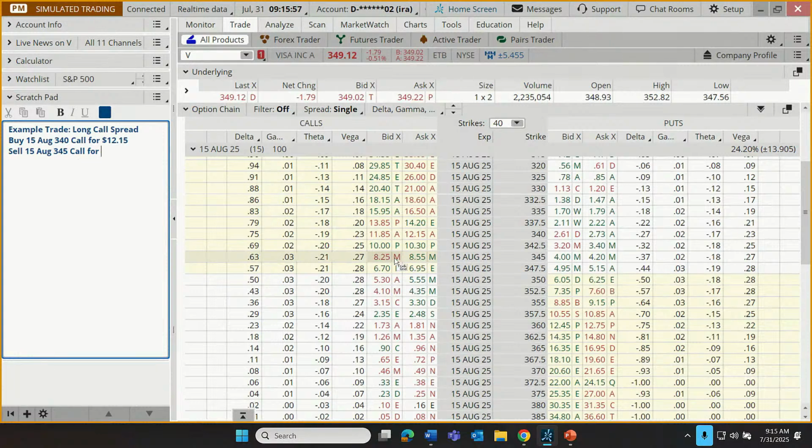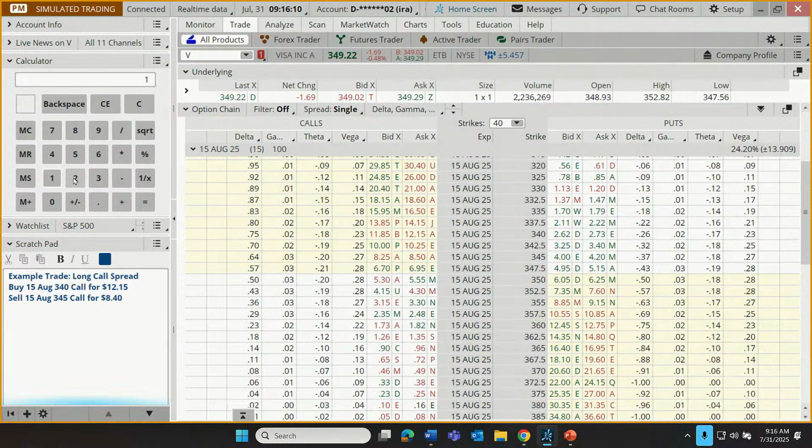Let's call it $8.40. So net, what we're doing here is we're spending $12.15, but receiving $8.40. So $12.15 minus $8.40 means that the net debit to our account is $3.75.